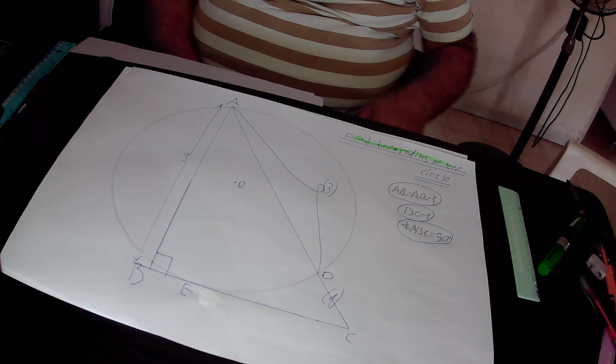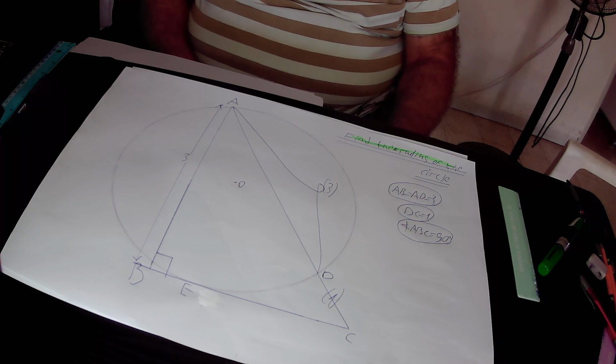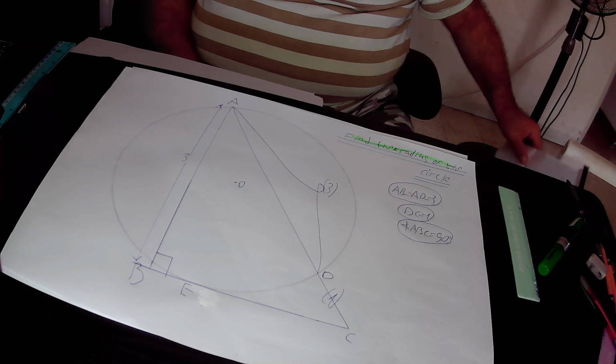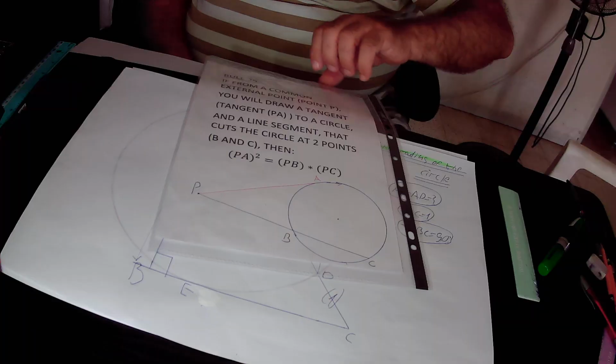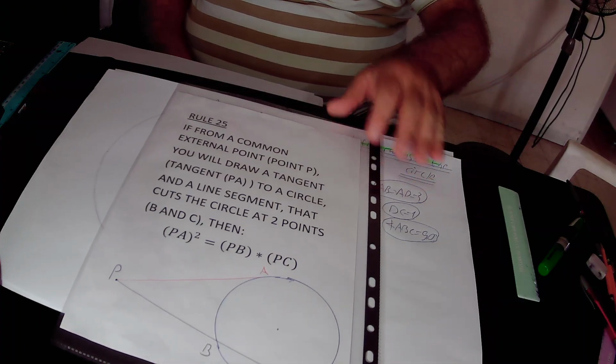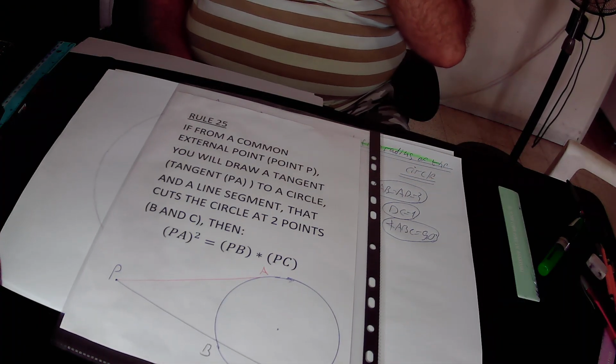So first of all, we can implement rule 25 in our drawing. Repeat quickly on rule 25. Rule 25 is also called the tangent secant theorem.